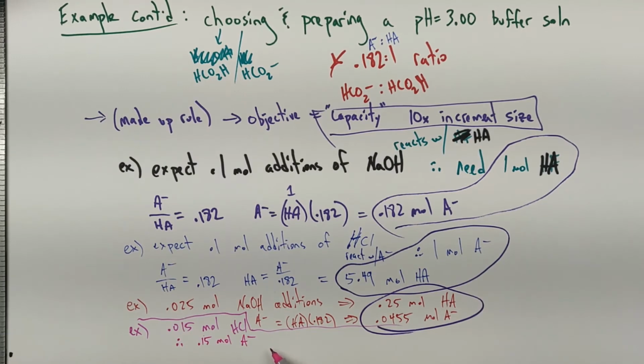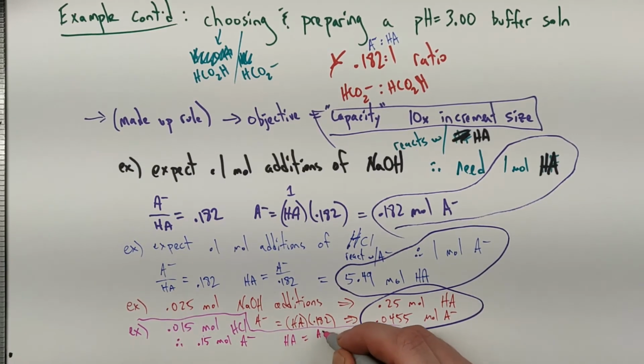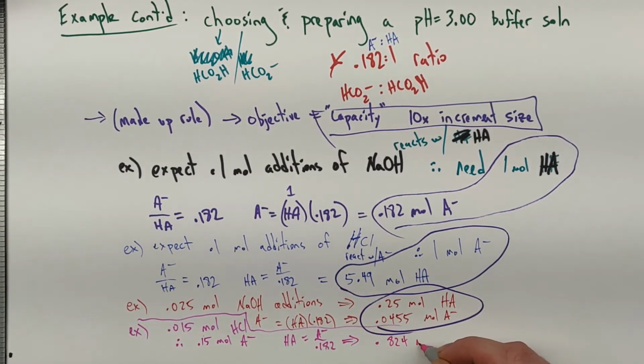The HCl is going to react with the A minus. So we use the same math that we had used here. Our HA is going to be the A minus over 0.182. And we end up with 0.824 moles of HA.